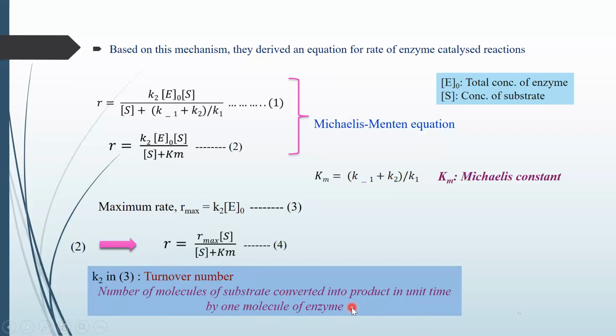That is, how many substrate molecules are converted into product by one molecule of enzyme is known as the turnover number. This is something about the enzyme catalyzed reaction and the Michaelis-Menten mechanism.